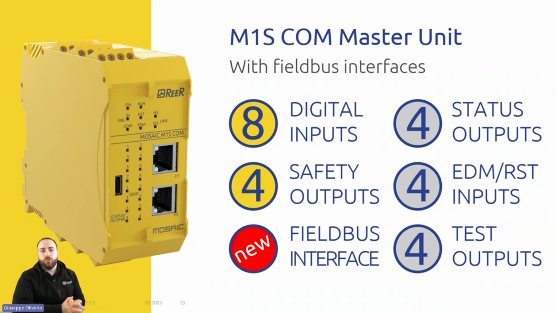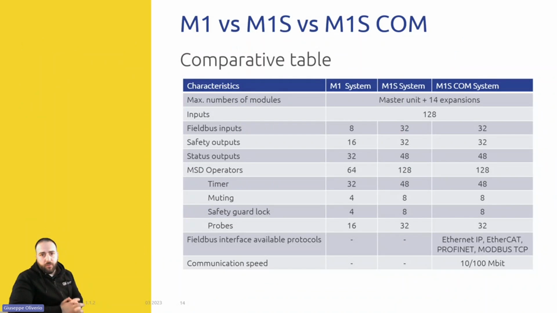Directly on the controller, we have 4 different fieldbus interfaces: Ethernet IP, Modbus TCP, EtherCAT, and Profinet. So the commercial benefit is that you don't need to add any other expansions and you don't need to change the code.